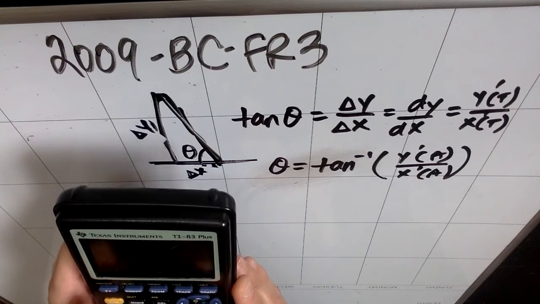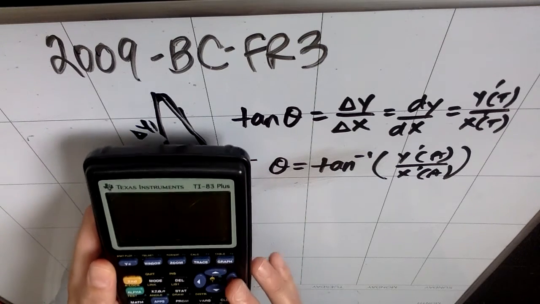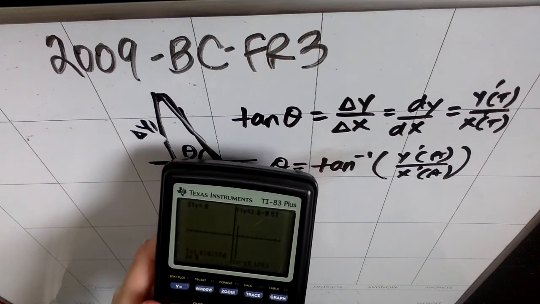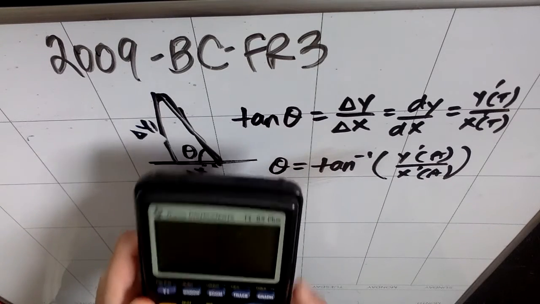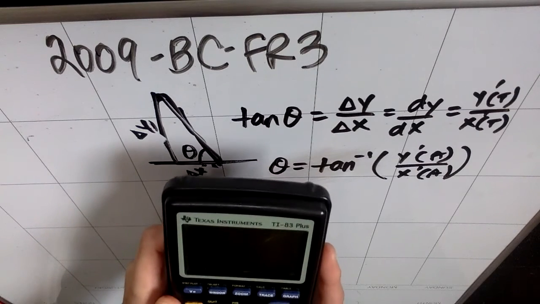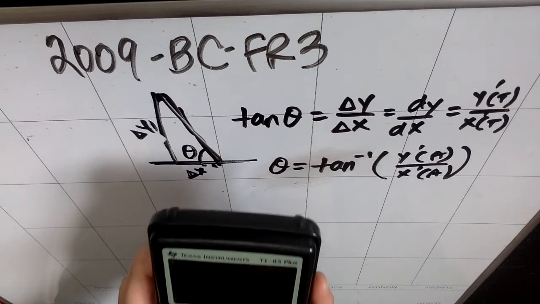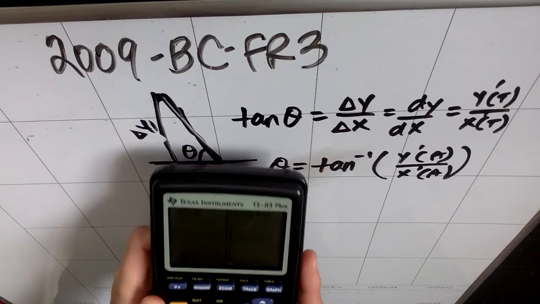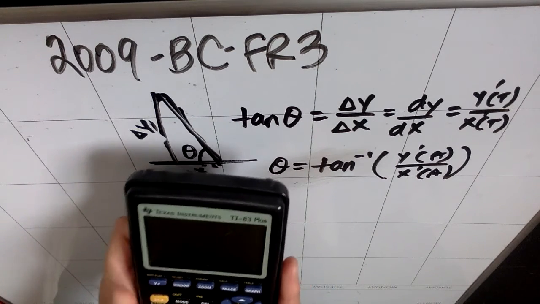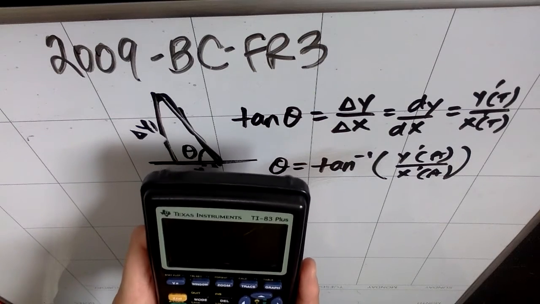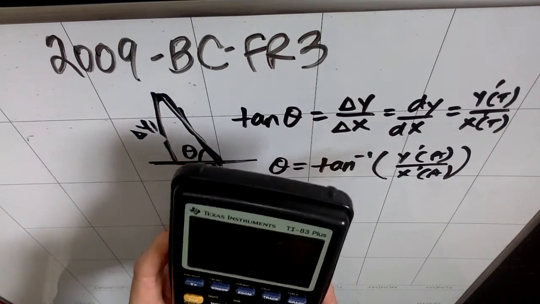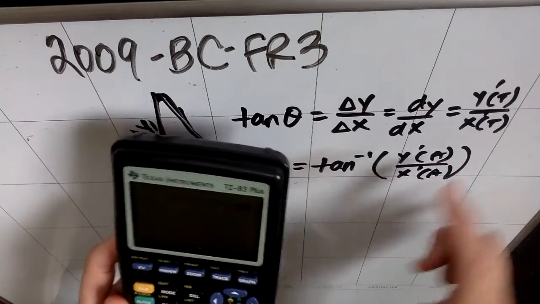If I go to trace and hit alpha a, it'll give me both of those quantities. Stored as x is 0.8, and stored as y is negative 15.3753, et cetera. If I quit out of this and do alpha y divided by alpha x, that's going to give me this quantity.